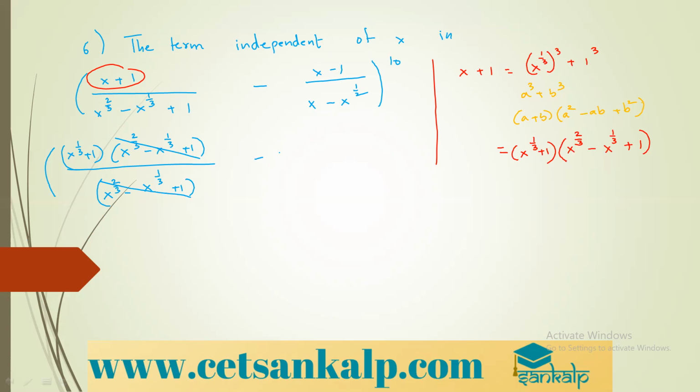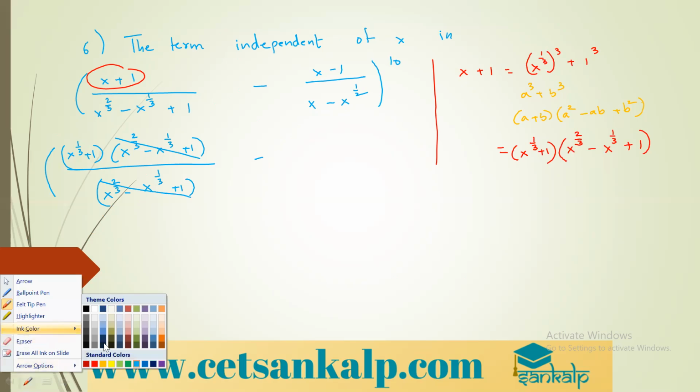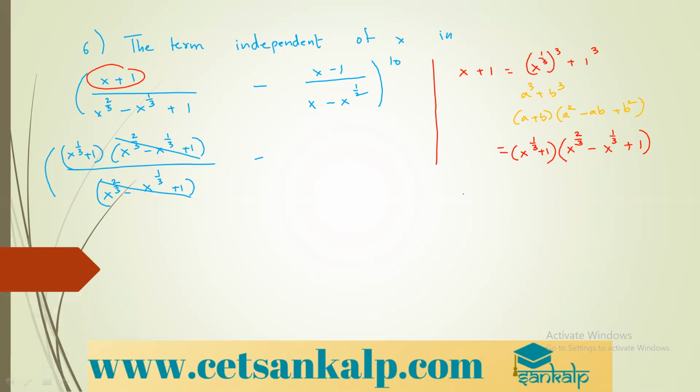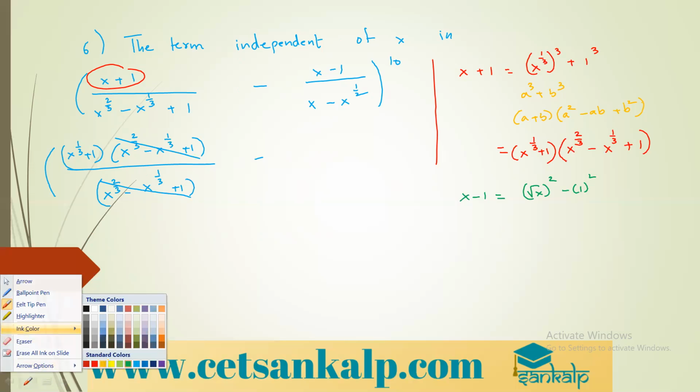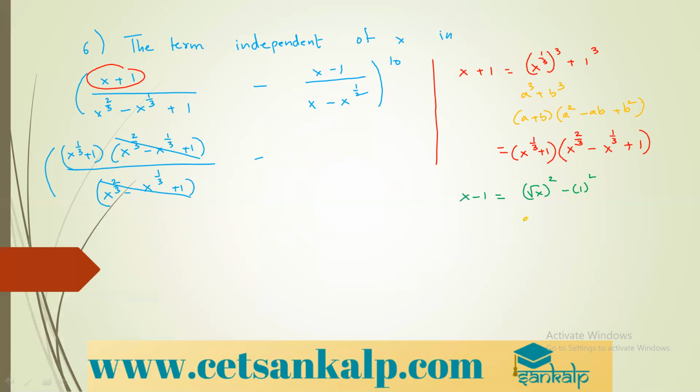Then minus the other one, that is the x minus 1 term. How to simplify, we will see. x minus 1, I will write (root x) whole square minus 1 square. So here I will be using the a square minus b square formula. The formula for a square minus b square is (a plus b) into (a minus b).